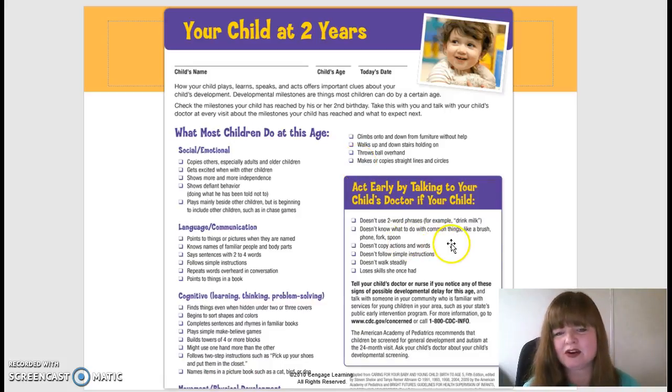And then over here you've got act early by talking to your child's doctor if your child, and this has areas where you may see some concern and you need to speak to your child's pediatrician. And then we've got contact information as well. So great example of a developmental flyer.